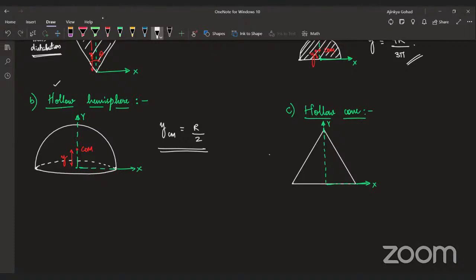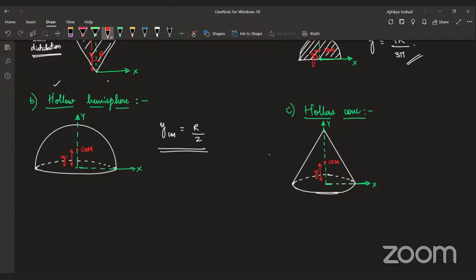So you can say this is a cone, right? The center of mass is going to be somewhere here. This is going to be the y coordinate of the center of mass.